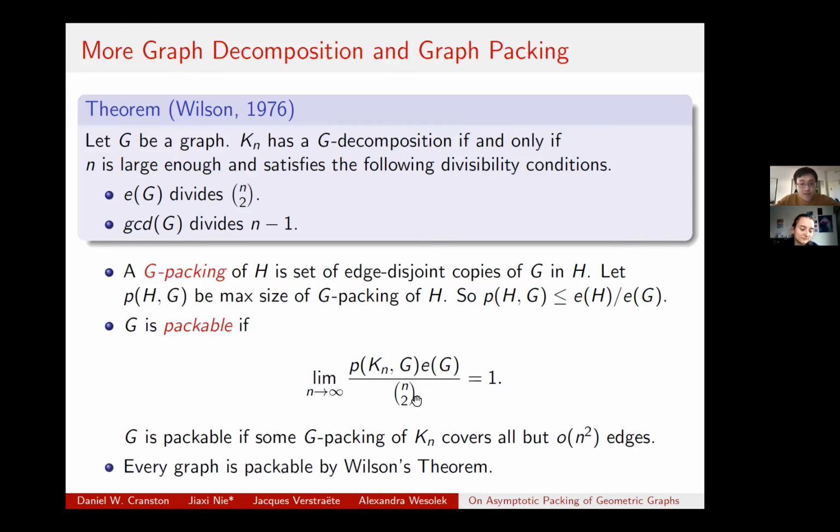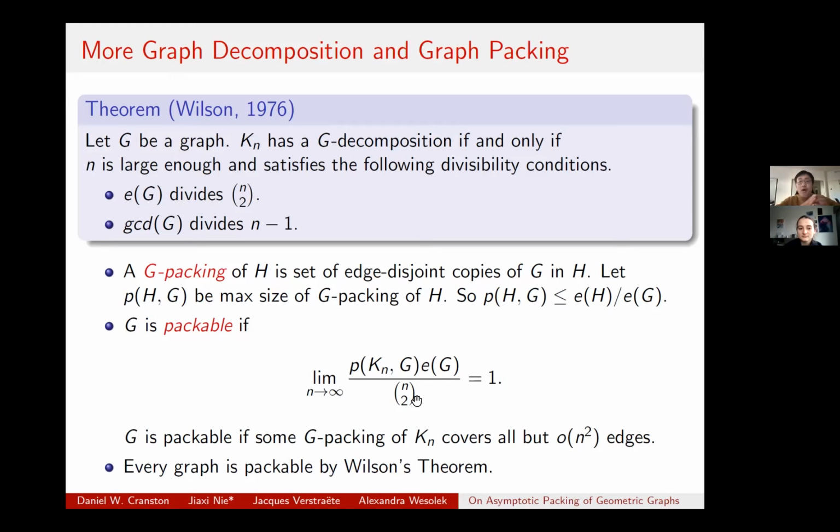It is not hard to see that under this definition, every graph G is packable by Wilson's theorem, because Wilson's theorem says if n is large enough and falls into some modulo classes, then it can be perfectly packed by G. So we can always ignore a constant number of vertices and then pack the rest of the complete graph.